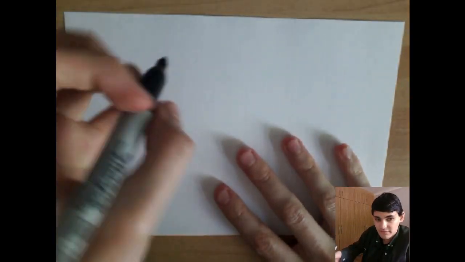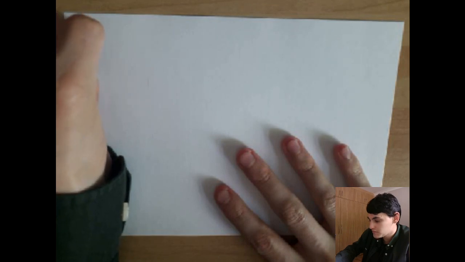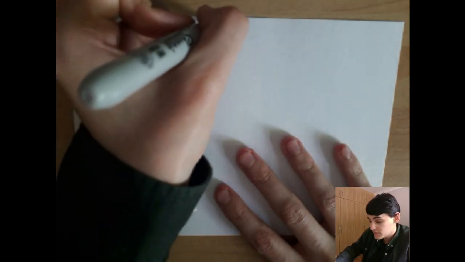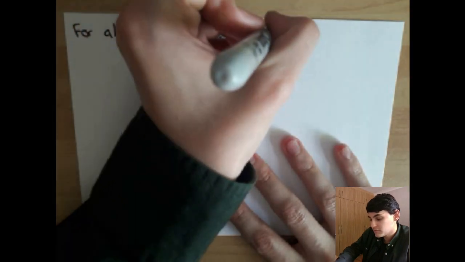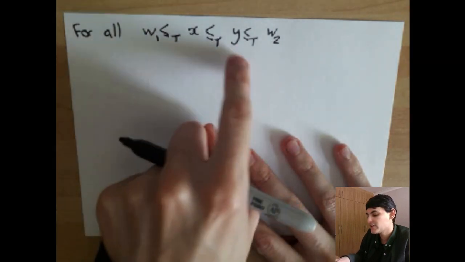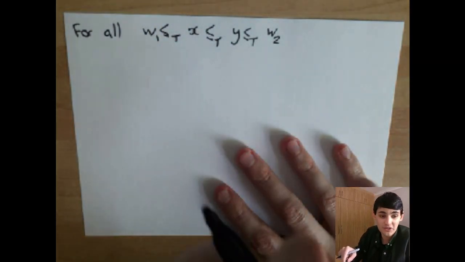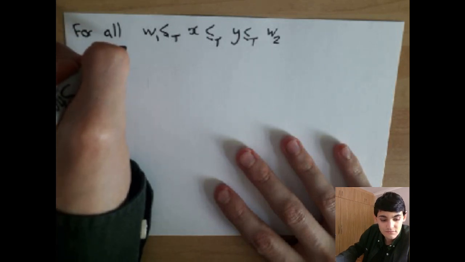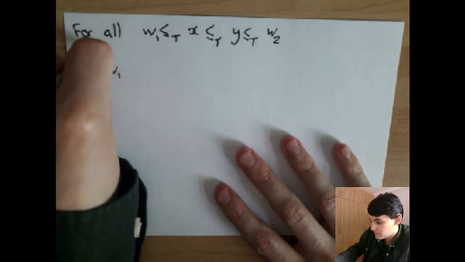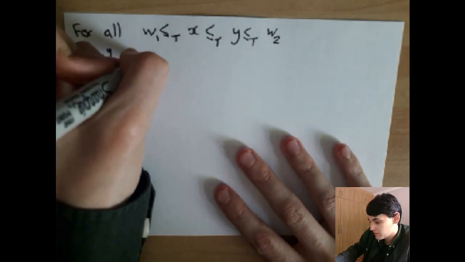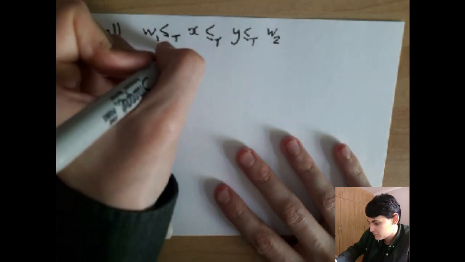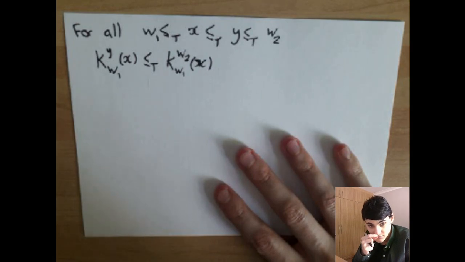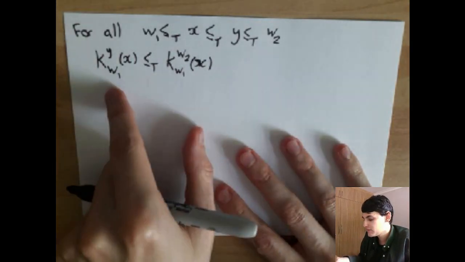Okay, a corollary regarding the Carreras complement is that for all W1 and W2, if you've got this chain, so basically x and y are in the interval W1, W2, then taking the Carreras complement of the following, you end up with this, right?